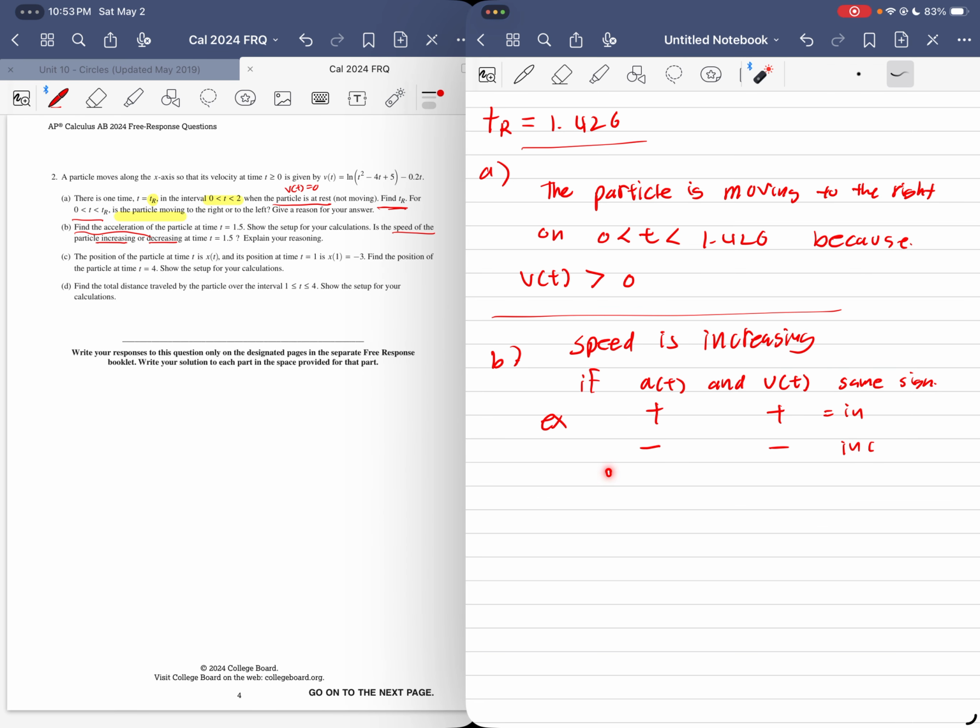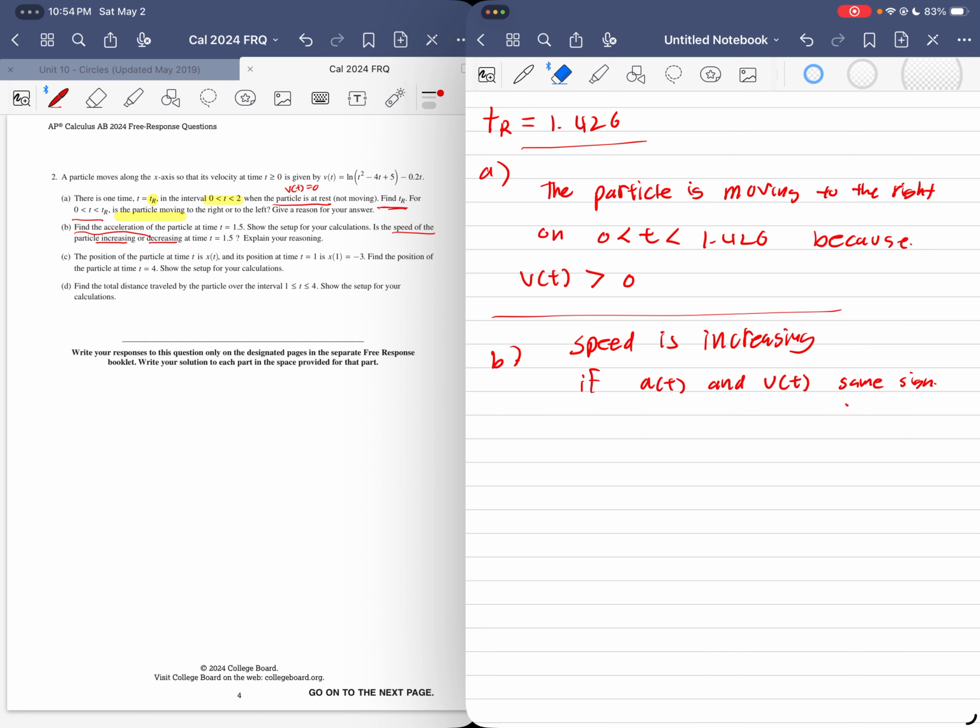Speed does not have a direction, so speed is an absolute value. If they have different signs, let's say positive and negative, you're trying to go forward but you're going backward, which means speed is actually decreasing, and the other way around as well. So keep that in mind.